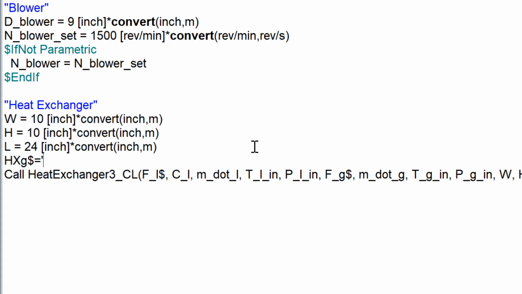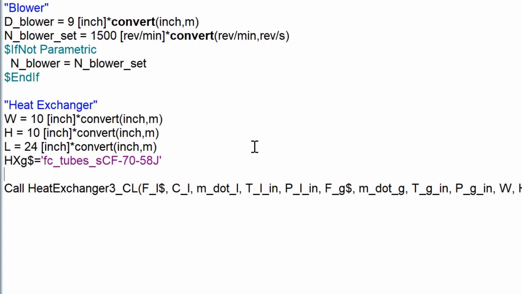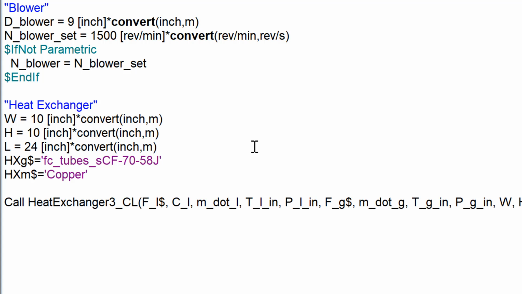So I don't know, let's use FC tubes SCF-70-58J. That's just one of the various core geometries that are available in the compact heat exchanger library. And maybe we will assume that the heat exchanger is made out of copper. That's just for calculating the fin efficiency.